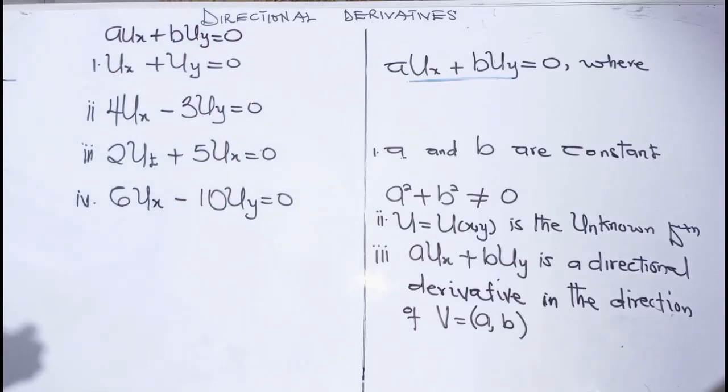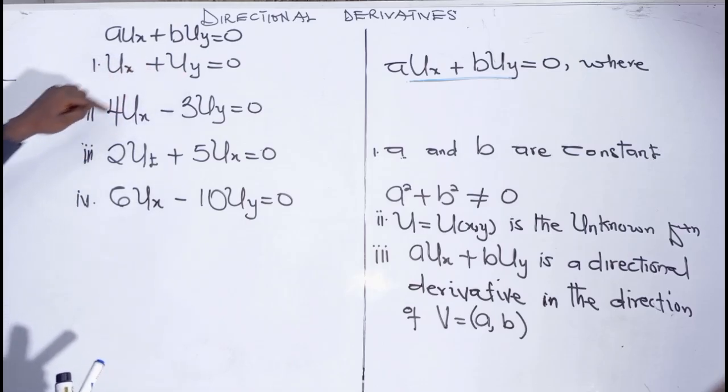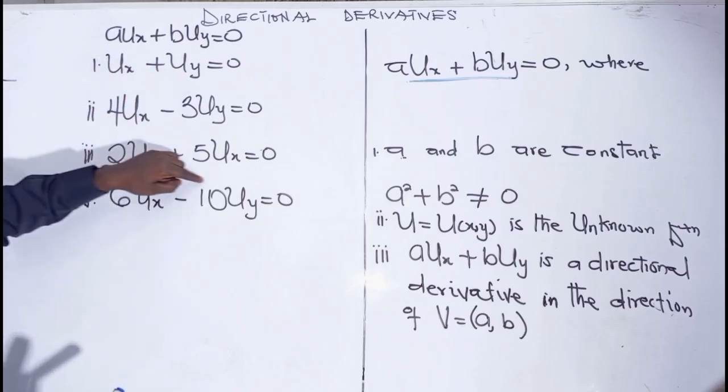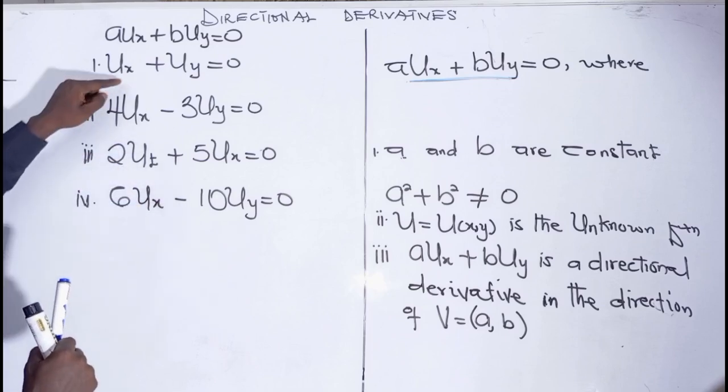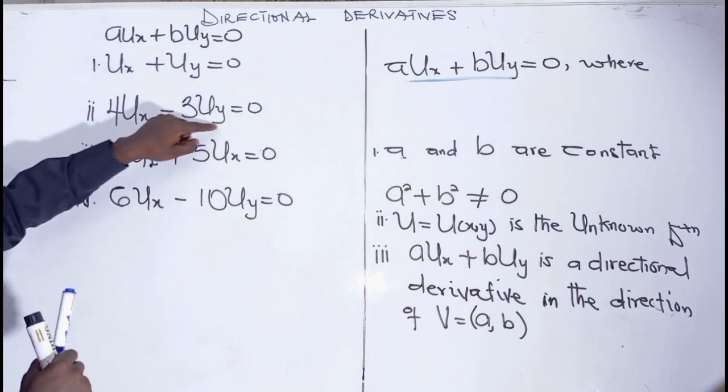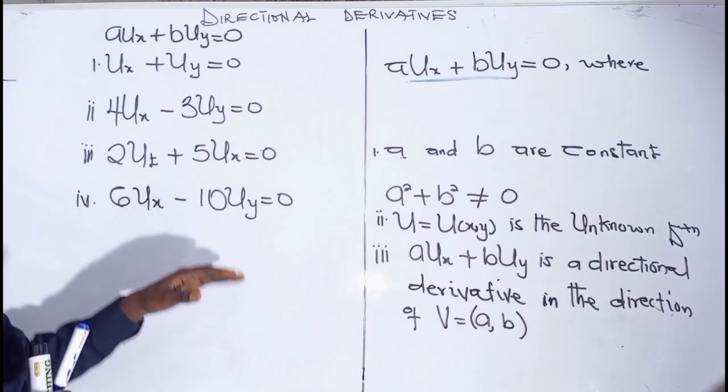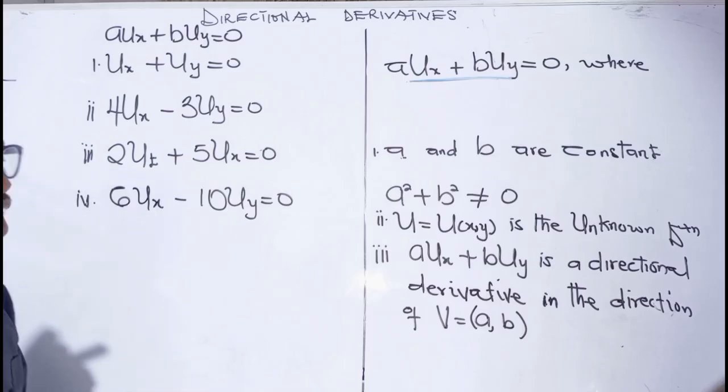Now let's look at these PDEs carefully. You can see that all these PDEs are linear. And they are first order too. You can see that all of them are order 1. And they are homogeneous as well.